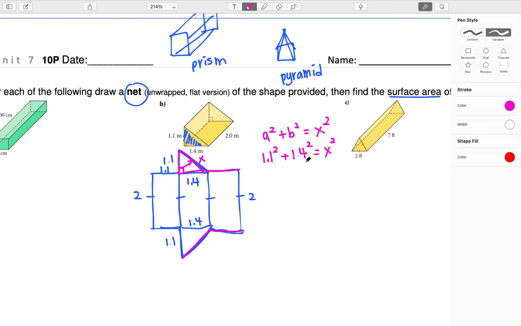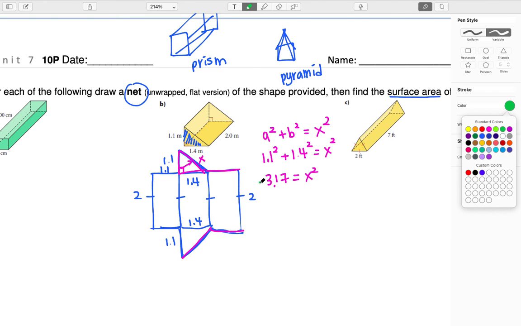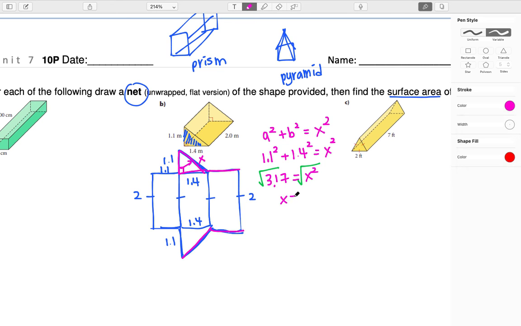When you square and add them together, you will get 3.17 equals x squared. The opposite of squaring is square root, both sides, and x is 1.78.